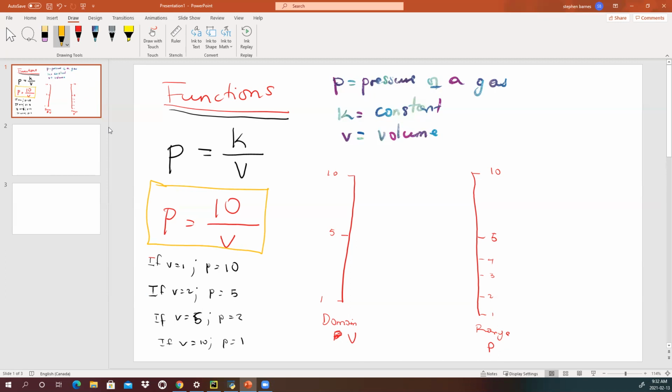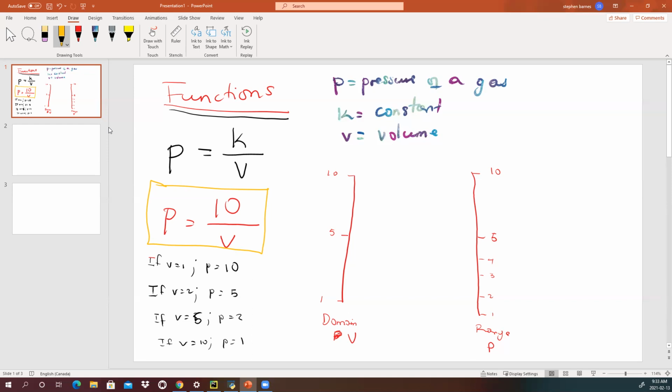Based on this formula, if V is equal to 1, which means the volume of air in your tire, because this is you going to the bicycle shop pumping some air into your tire, and you say to yourself, I want to have a pressure of 10 in my tire. If you put a volume of 1 amount of gas in it, you're going to have a pressure of 10. A volume of 2, you're going to have 5. Volume is 5, pressure is 2, and so on and so forth, like we just worked out a while ago.